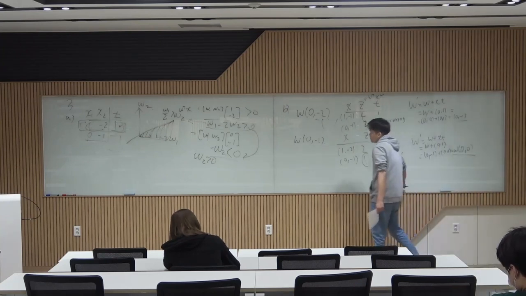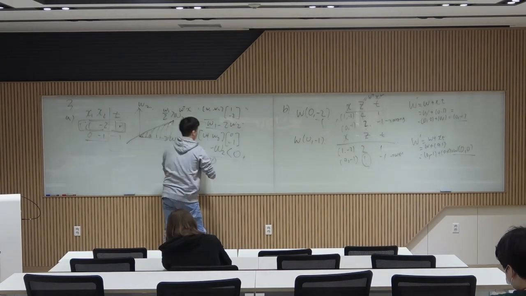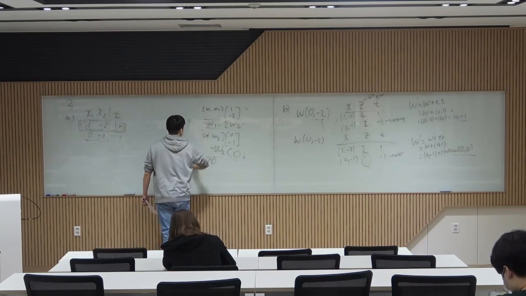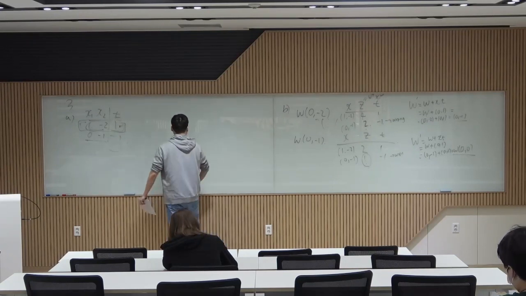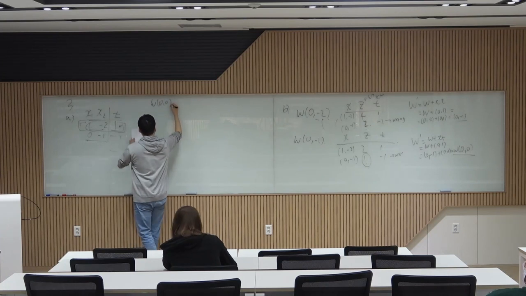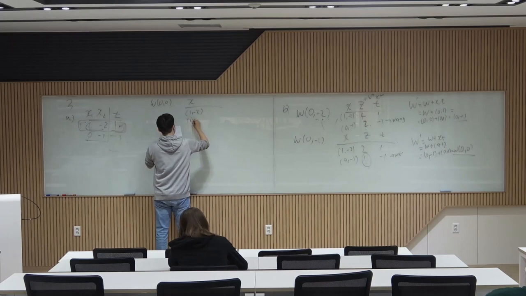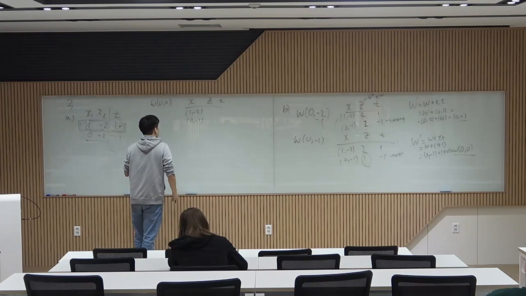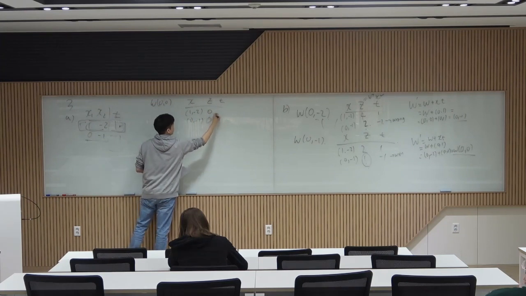So let's start with 0, 0 from here. So when it is 0, 0, if you calculate W^T x, then it goes 0, 0.